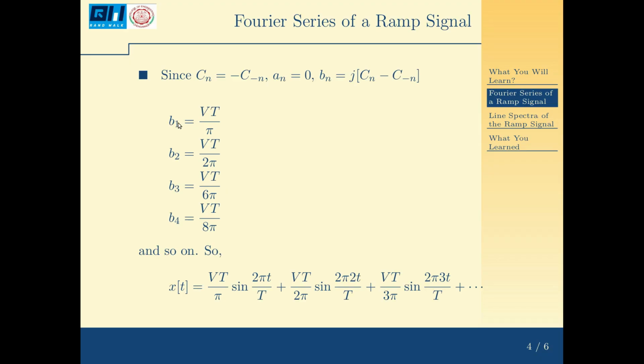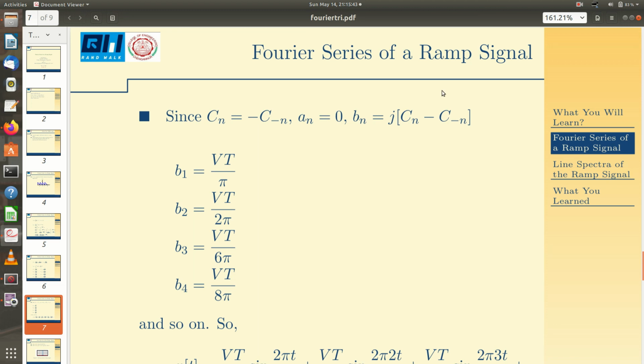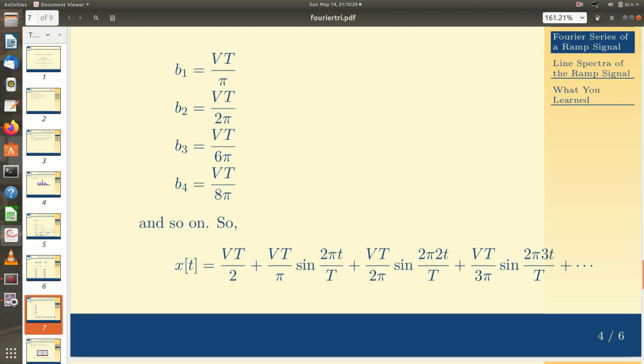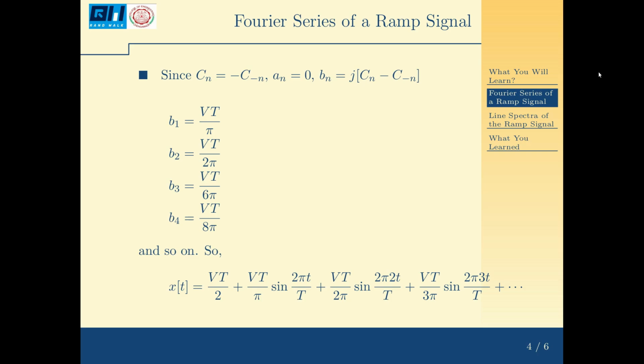So B1 is VT by π, B2 is VT by 2π, B3 is VT by 3π, B4 is VT by 4π, etc. Since An equals 0, there are no cosine components, there are only sine components. So x(t) contains a DC term plus sinusoids solely.